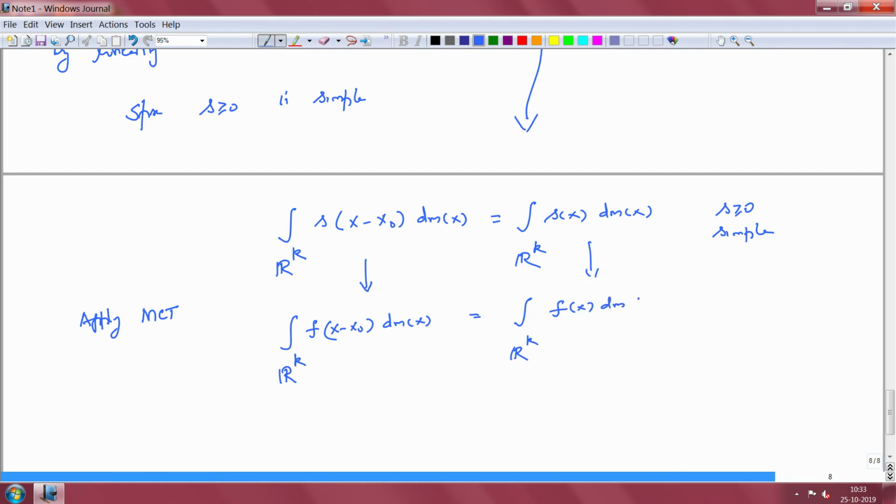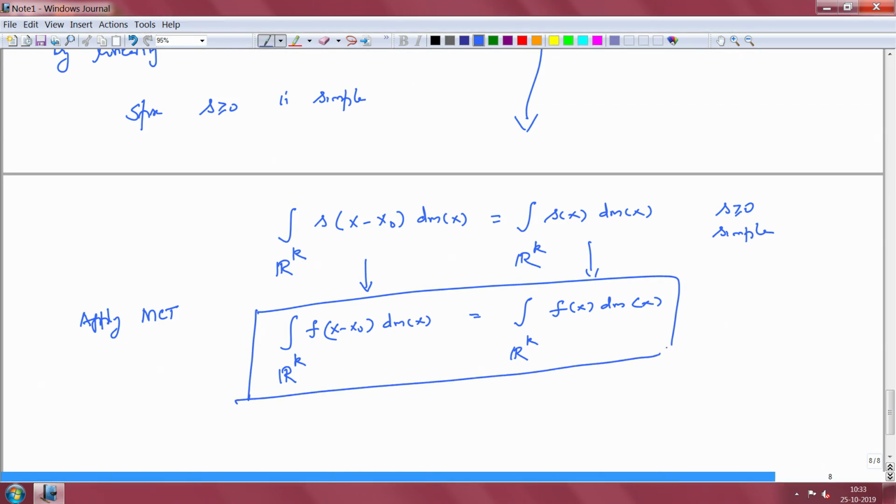This is precisely the translation invariance property of the Lebesgue measure. This is true for every positive measurable f, and by linearity to all measurable functions whenever the integrals exist, of course.